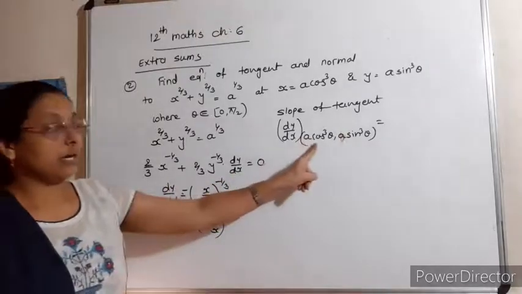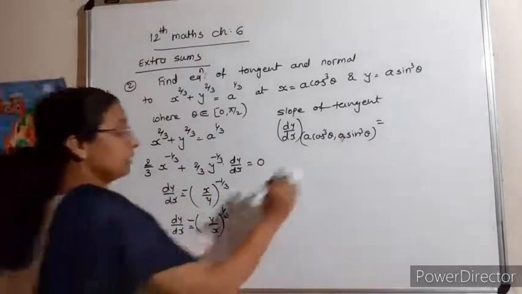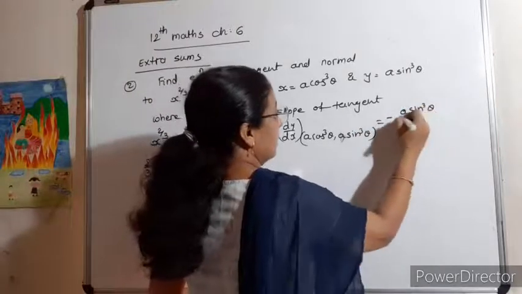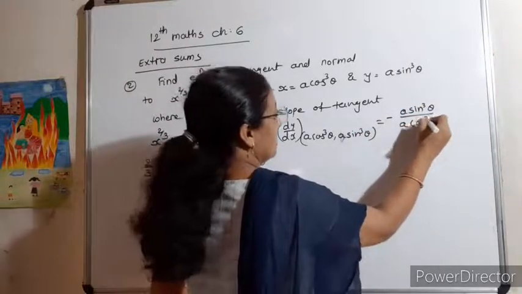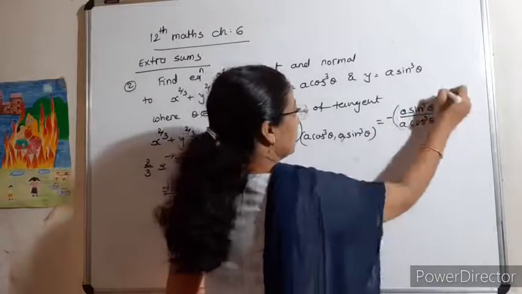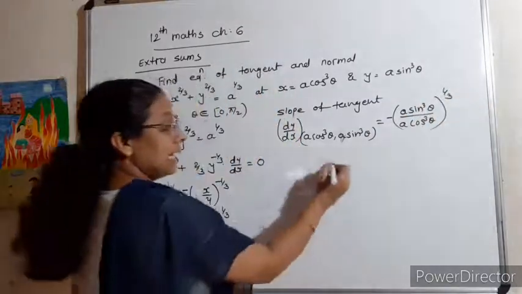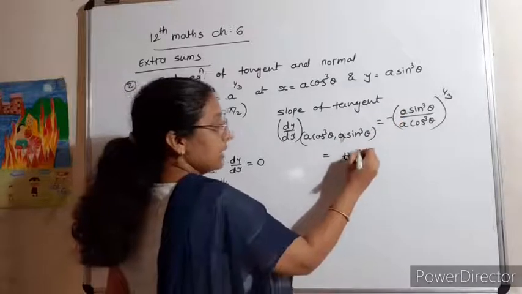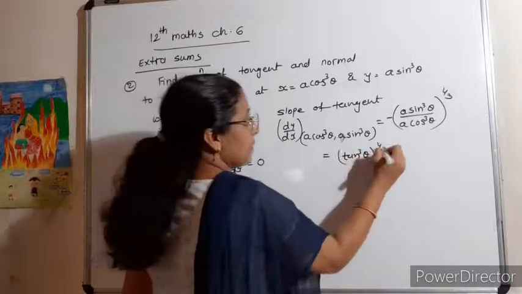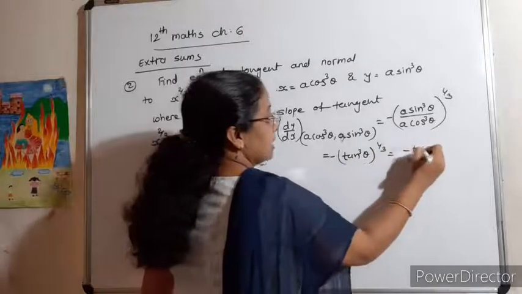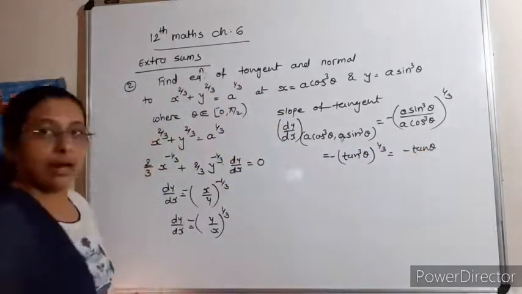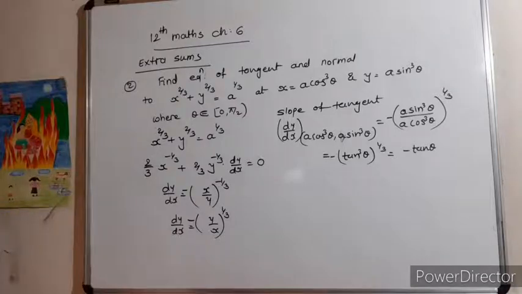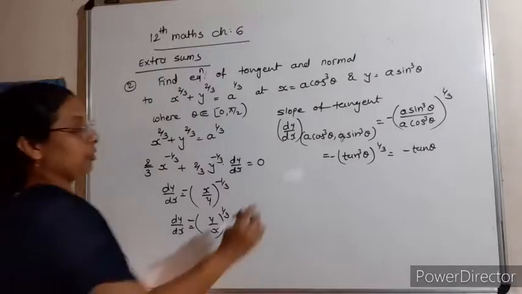Instead of x, I will write a cos cube theta. So, minus a sin cube theta upon a cos cube theta raised to 1 by 3. A will become cancelled. Sin cube upon cos cube is tan cube theta raised to 1 by 3. And that is minus tan theta, the slope of the tangent. Understand? Yes.